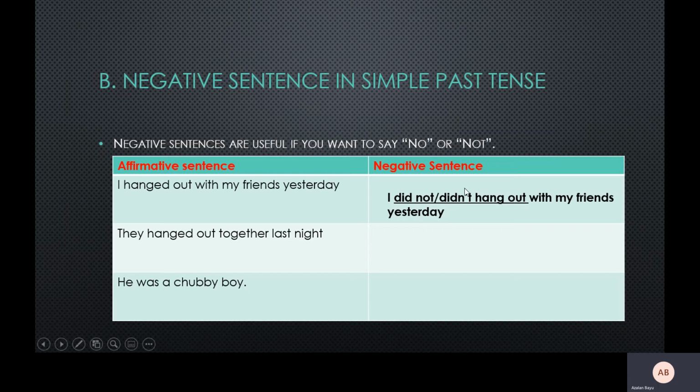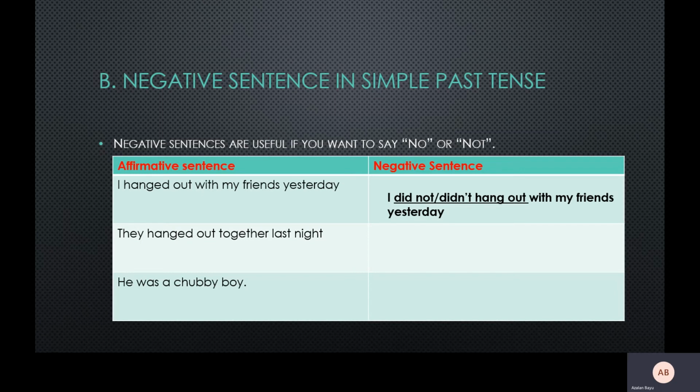Okay, if you notice, after you use did not or didn't, you usually neutralize the verb, or use the verb without any past form. It means you use the root verb, which is hang. Okay, hang is actually a present form, but you can use it with the negative form of past tense, which is did not and didn't.